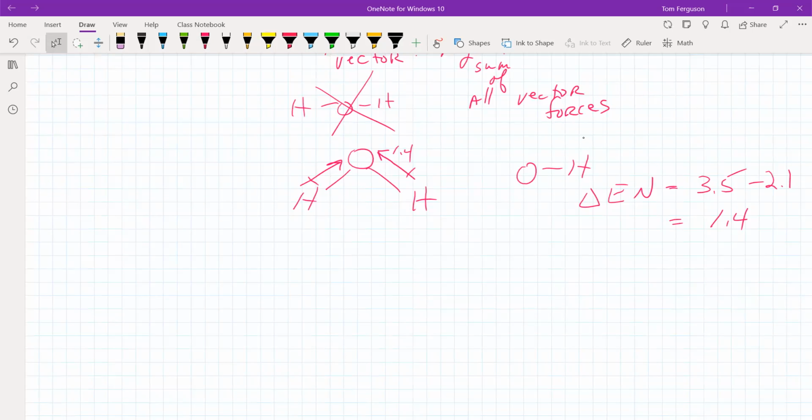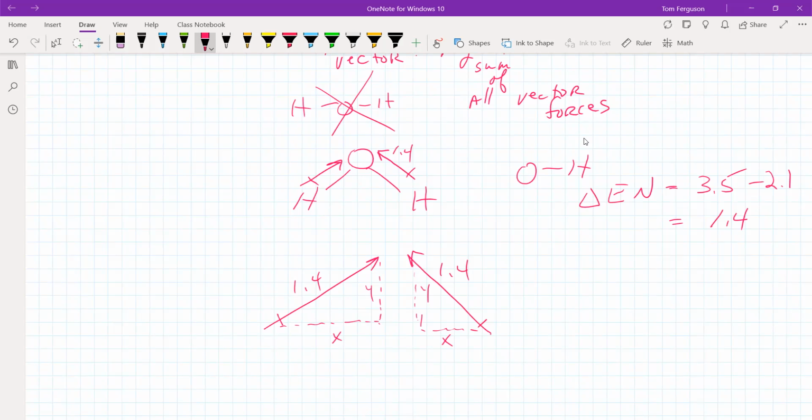So let's look at this more closely now here. So we have X and Y parts of the vector. The X part of this vector goes this direction.